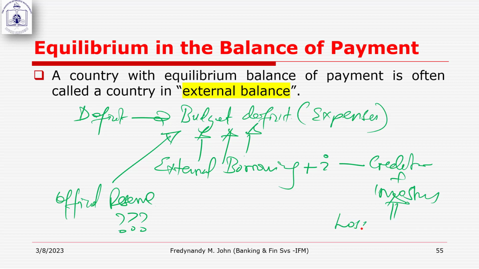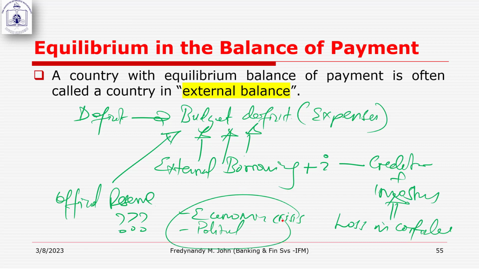The loss in confidence can not only cause political turmoil, but also an economic crisis. Now, economic crisis plus some political turmoil can lead to some serious civil unrest.